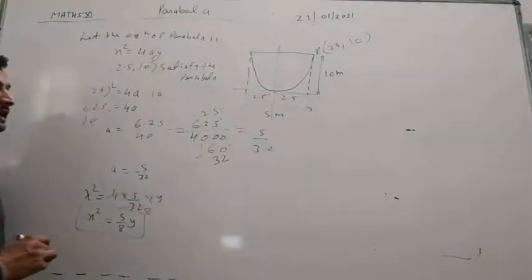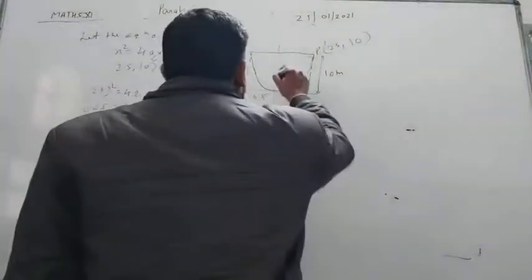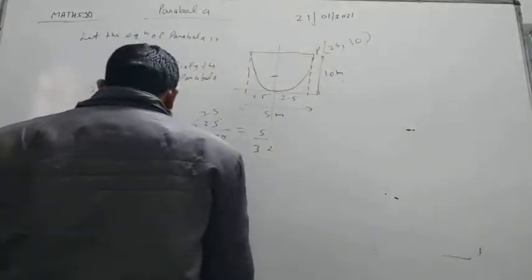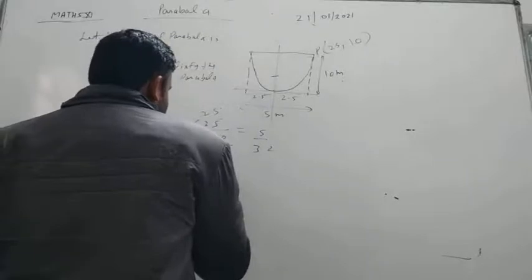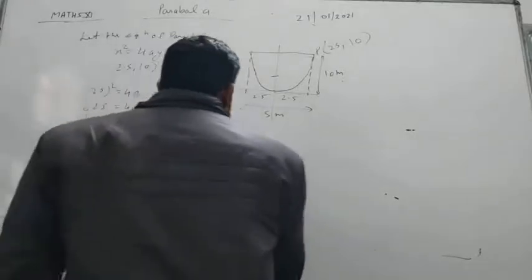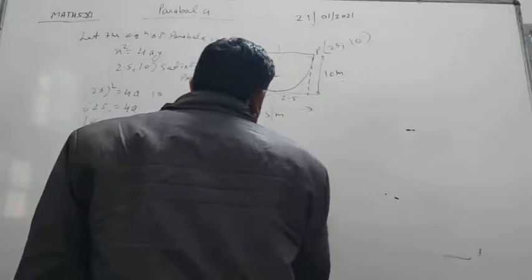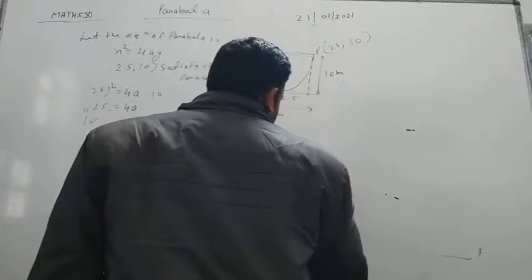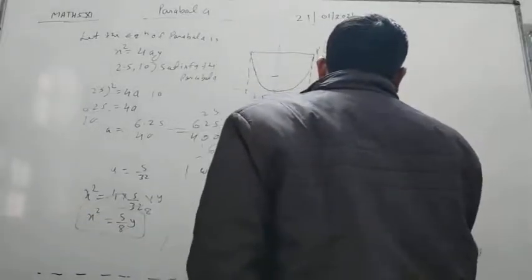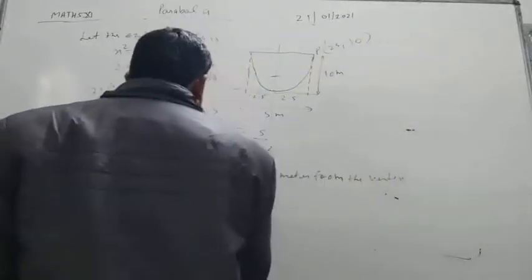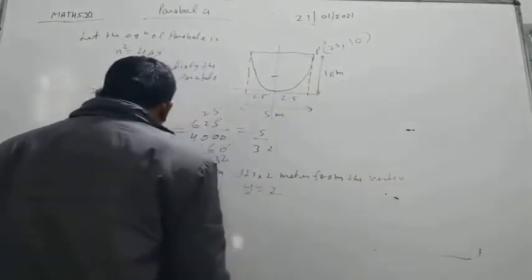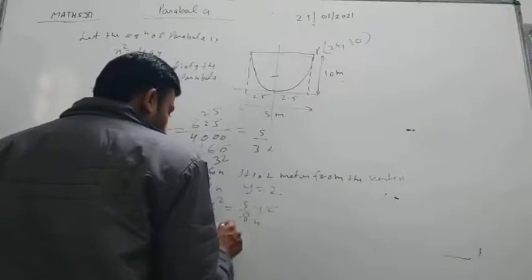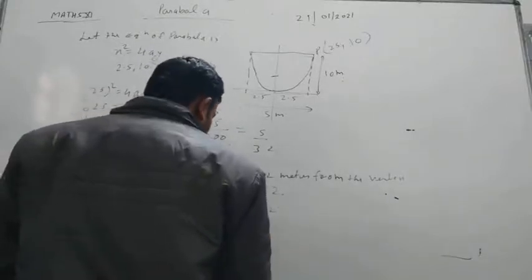Now the question says that if it is 2 meters from the vertex, then y is equal to 2, students, and the equation will change: 5 by 8 into 2, and x square is equal to 5 by 4.